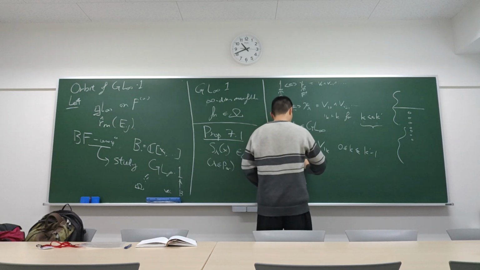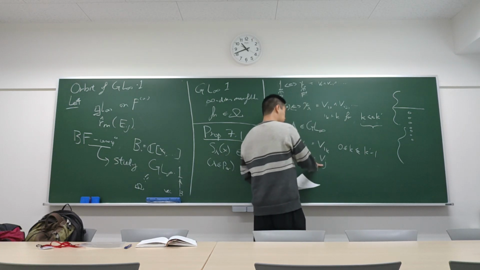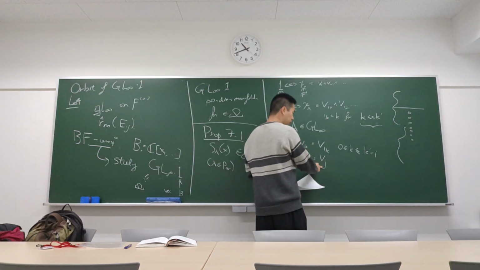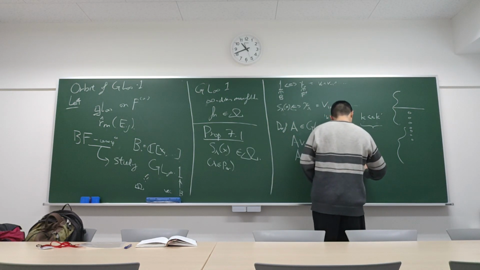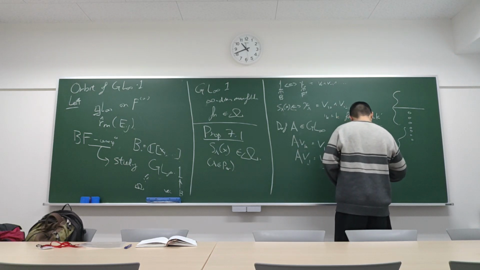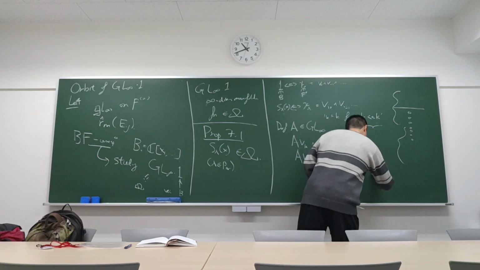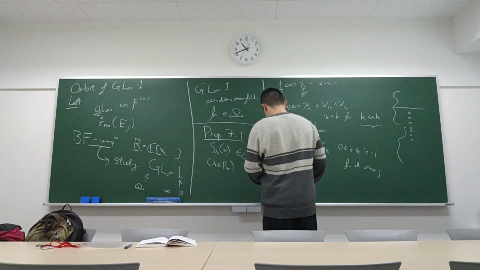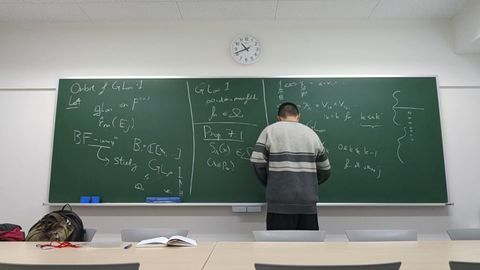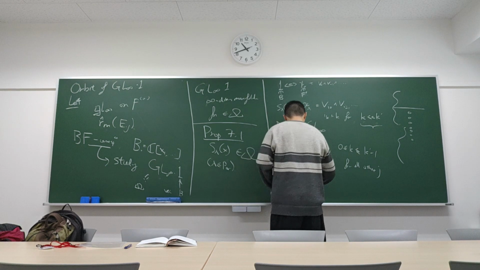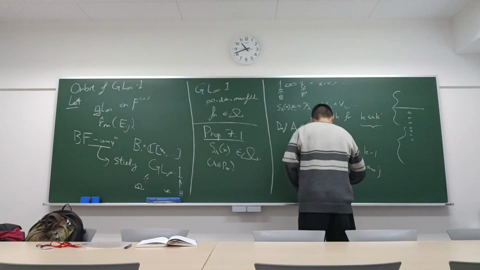And also v_j goes to v_j, it leaves everything untouched for all other j, okay? So then your psi lambda is exactly the representation of this A on psi naught.